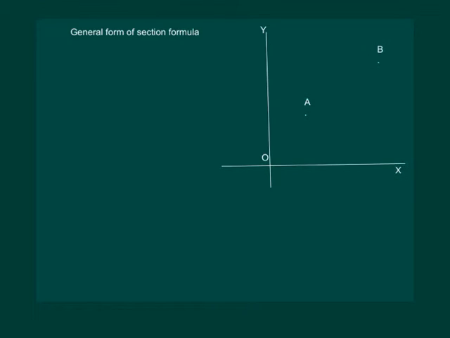We start with coordinate axis. Say A and B are any two points with coordinates x1, y1 and x2, y2. Assume that point P, whose coordinates are x and y, divides AB internally in the ratio m1:m2.